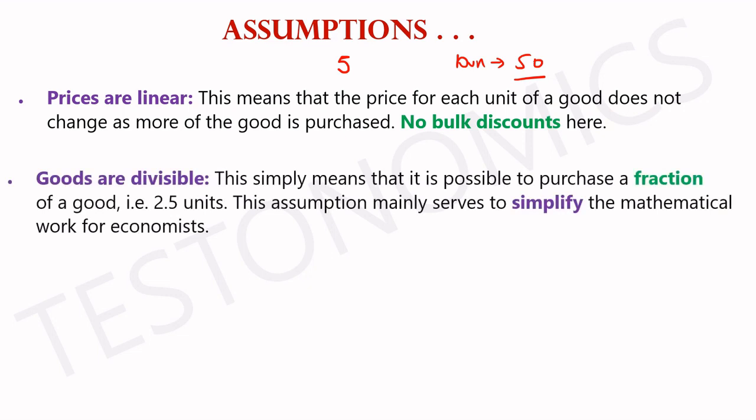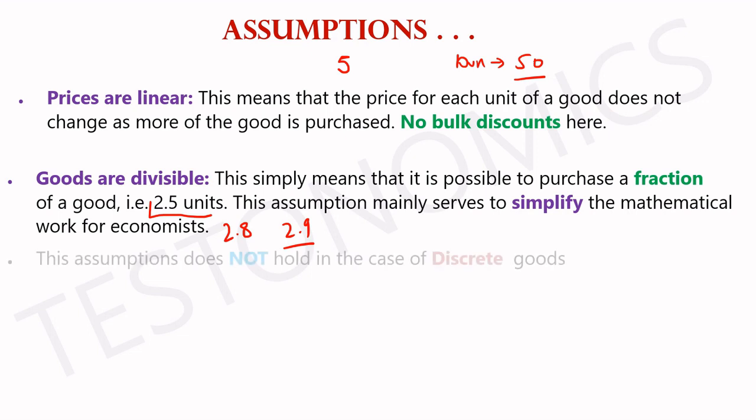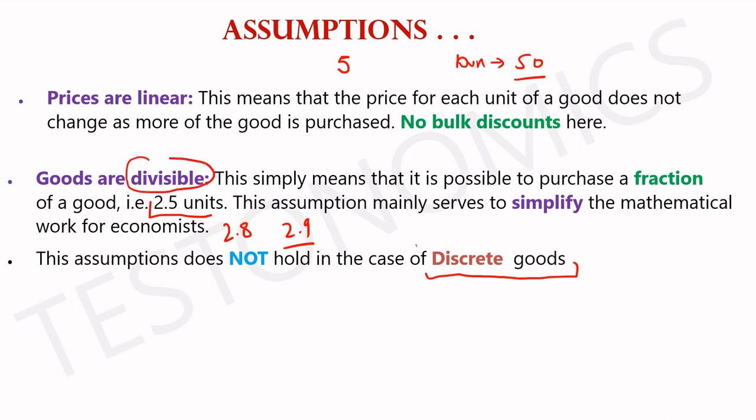We also assume that goods are divisible. For example, a person may consume 2.5 units or 2.8 units or 2.9 units. This is done just to simplify the mathematics that we use. However, in the case of discrete goods, when we specifically mention that the goods which we are discussing are discrete goods, this assumption of goods being divisible does not hold.